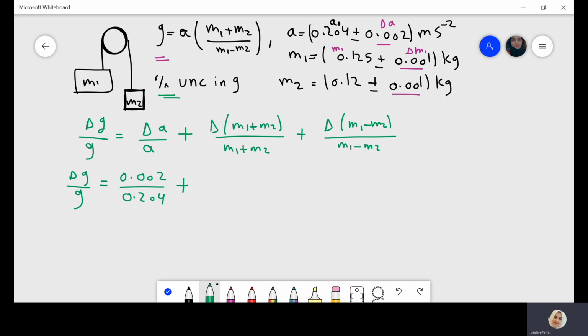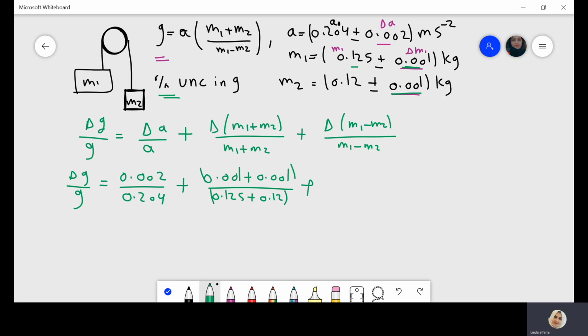If you have addition or subtraction, you always add the absolute uncertainties. So for M1 plus M2, the absolute uncertainty is 0.001 plus 0.001, divided by the measured values: M1, 0.125, plus M2, 0.12.